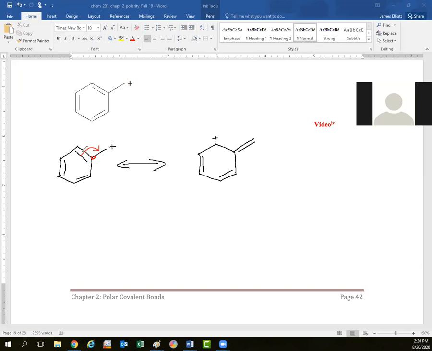Remember, the arrows are showing how the electrons move. I've seen from past semesters people getting confused and using arrows to show where the charge finishes up. That's just a consequence of the movement of the electrons. But it's the electrons which are moving, and that's what you're showing moving. And the charges as they hop around is a consequence of suddenly having more electrons and being negative, or having less electrons and being positive.